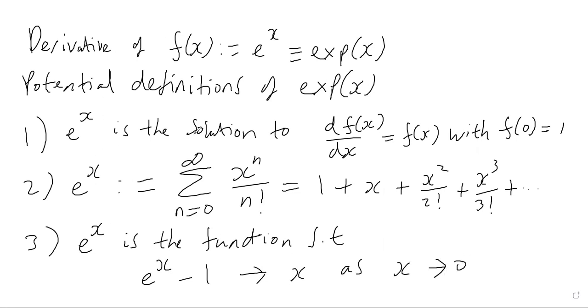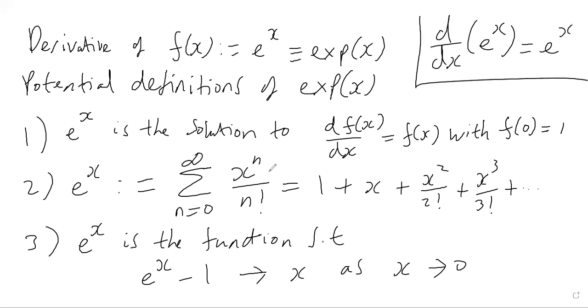So that's another potential definition you can use. There are at least two or three other definitions that you could use to define what this function means, but we're just going to pick these three definitions here. And from each one of them, we're going to prove that when you differentiate e to the power of x with respect to x, we get e to the power of x itself. So that's what we want to prove.